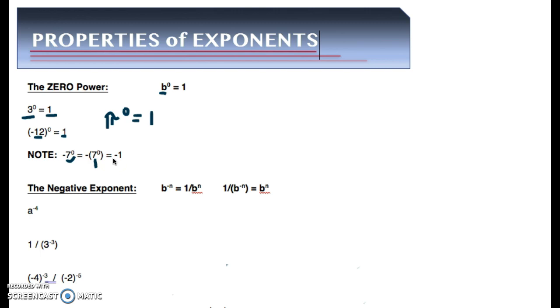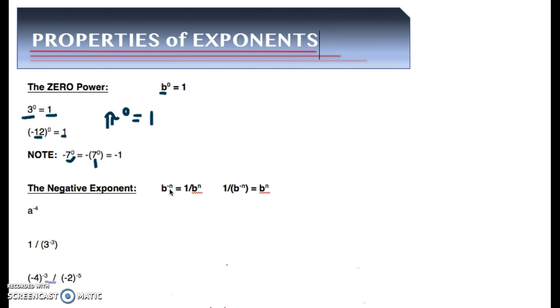The second property we're going to look at is the negative exponent property. What do you do if you end up with a negative exponent? A negative exponent is basically the same as the reciprocal.